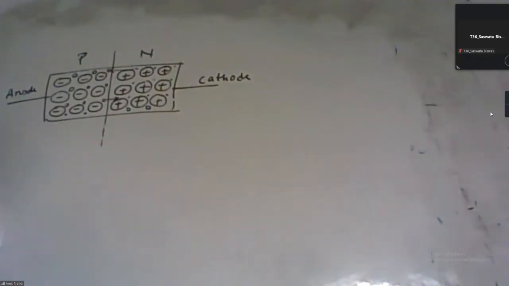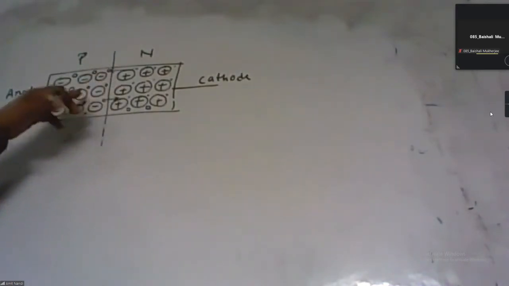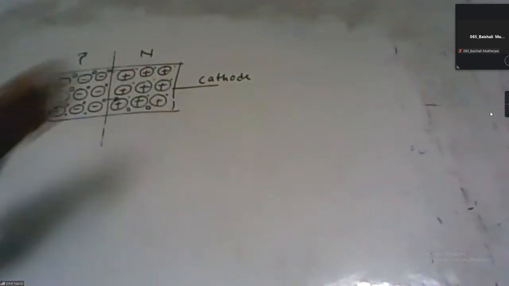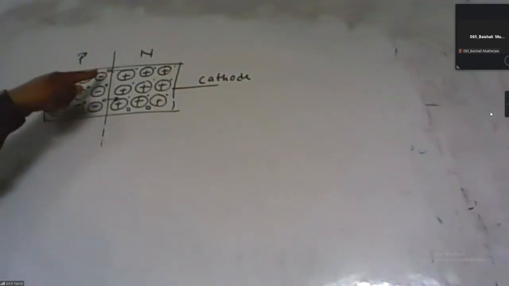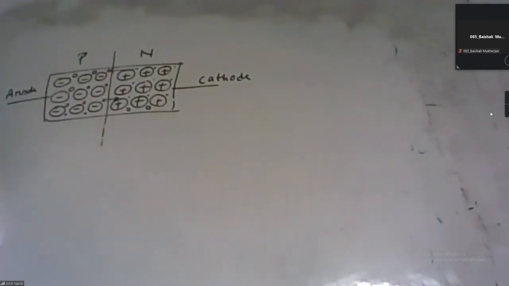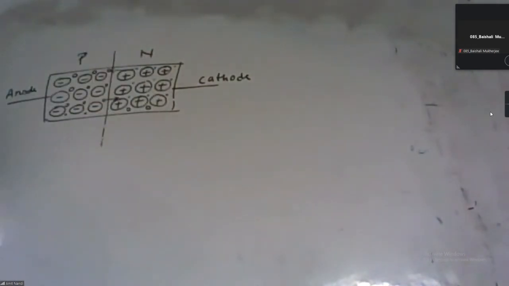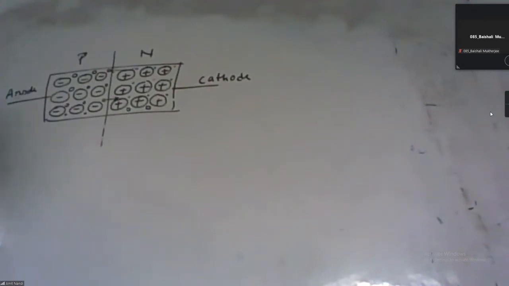That means when the free electron moves from the n-type side to the p-type side, and the hole moves from the p-type side to the n-type side, when the hole reaches the n-type side, a large number of free electrons are present. Obviously, a hole is the vacancy that is created due to the absence of an electron.